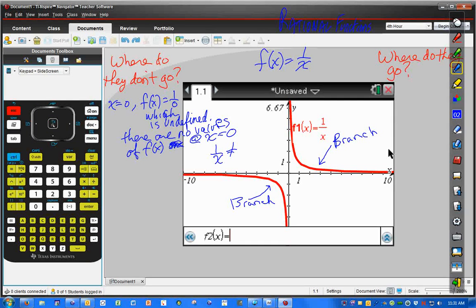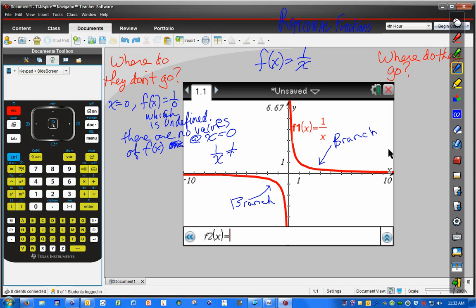Now here, does it ever hit the y-axis? No. Because in this case the y-axis is off limits. What I want you to do is start thinking that when graphs appear to be going closer and closer to a number, chances are that they're never going to actually hit that number.